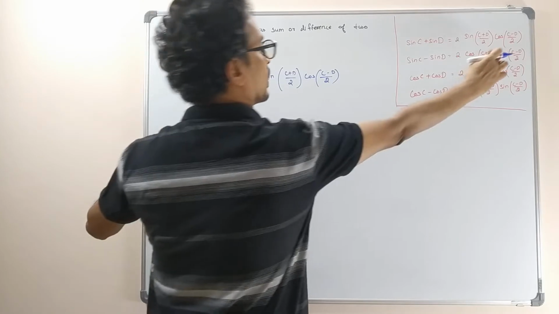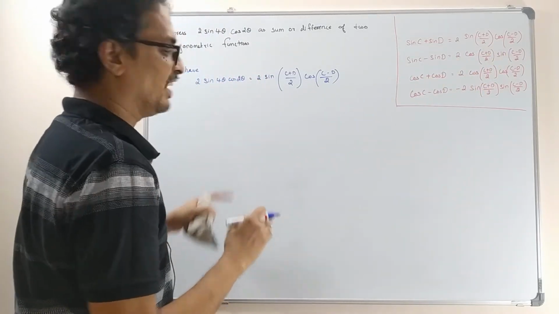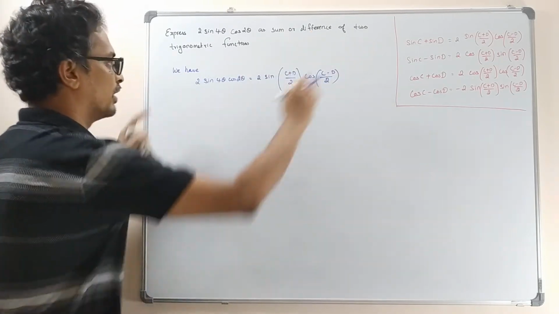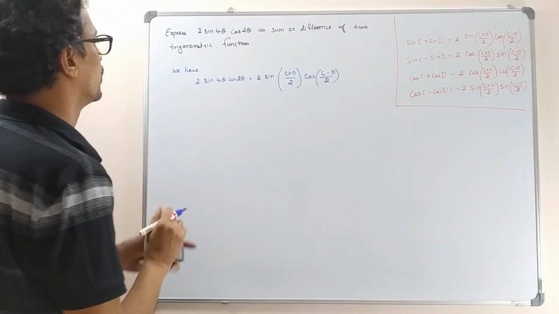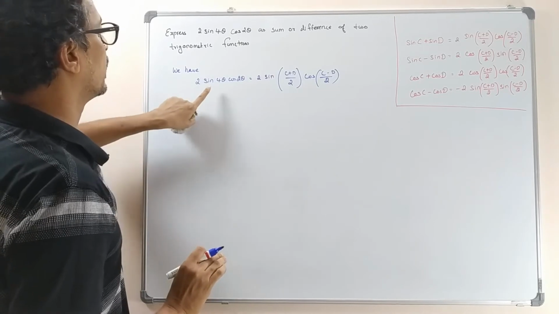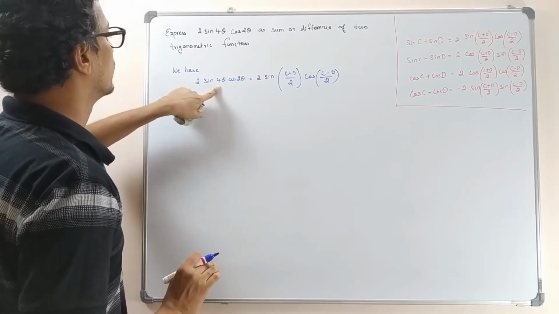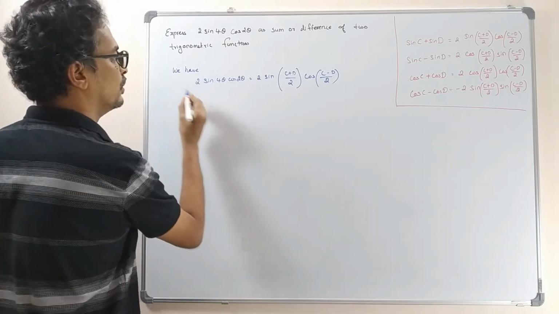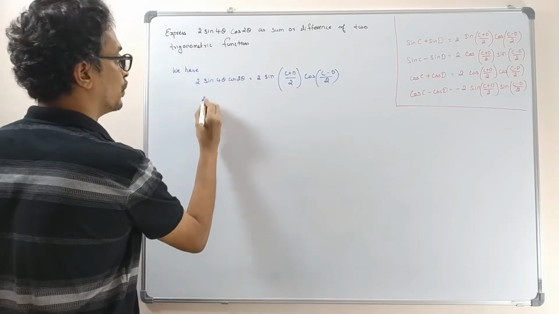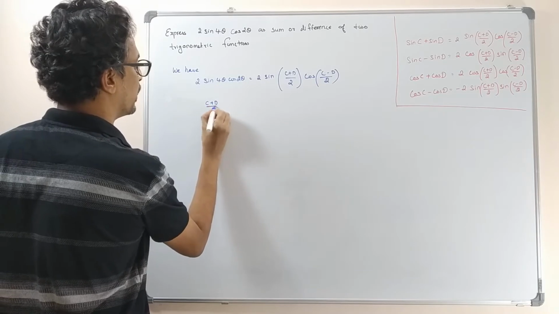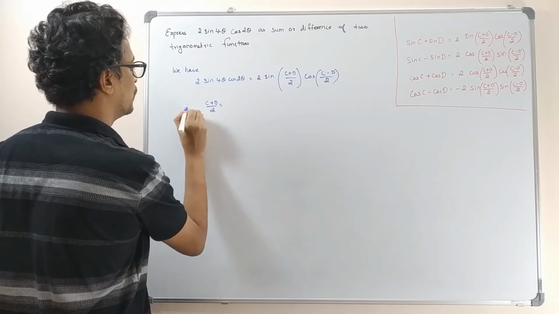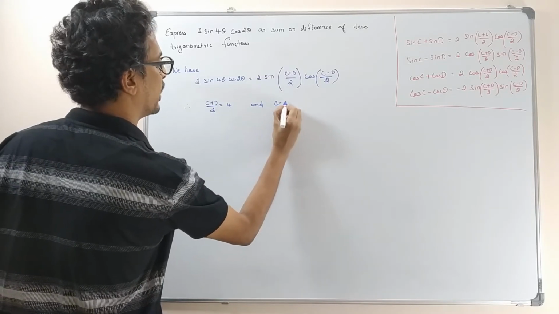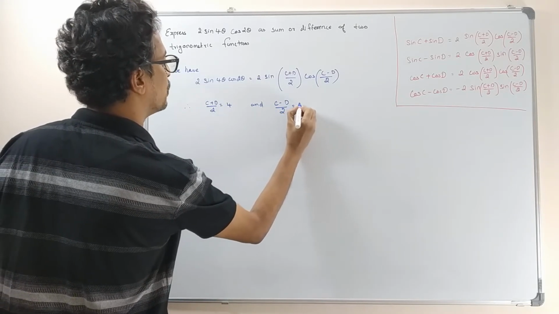We can't use the other one, otherwise it will become negative. You could do it, but the negative will come and you come to the same result. Now you can see from here it is very clear. So write this form: (c+d)/2 equal to 4 and (c−d)/2 equal to 2.